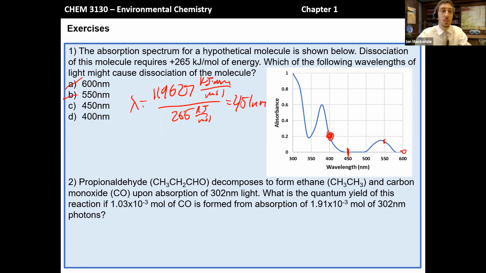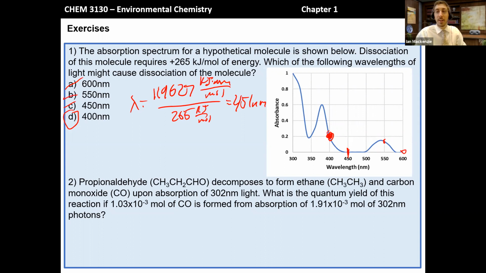And so 400 would really be the wavelength of those four options where we would expect to see, or at least hope to see, dissociation of the molecule by absorption of that light. We certainly don't know that it would. We would have to look at the quantum yield and the other processes that could occur, but at least this one of the four options has the best chance.